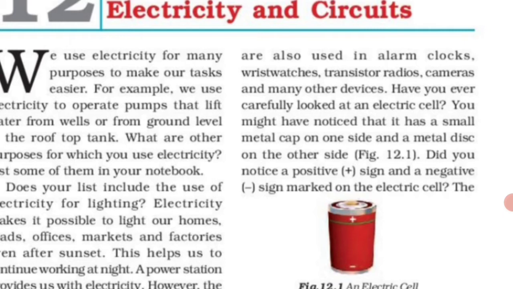If you see the electric cell carefully, you will see that it has a small metal cap on one side and a metal disc on the other side. You will notice that it has a positive sign and a negative sign marked on it.